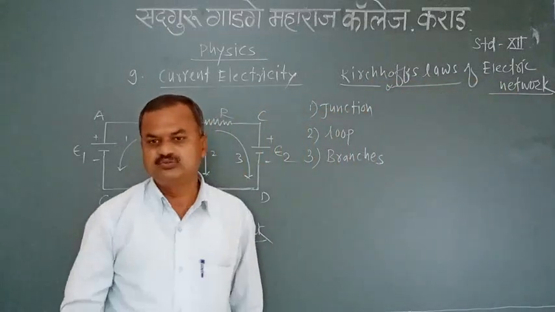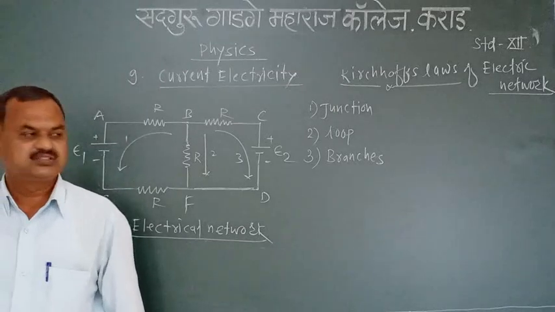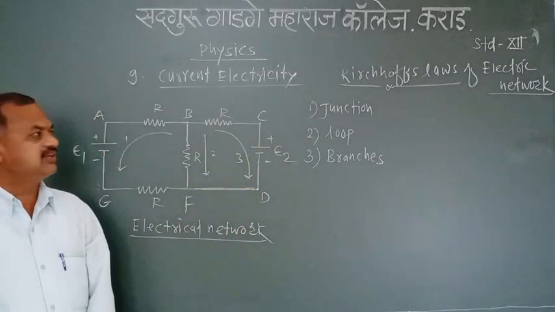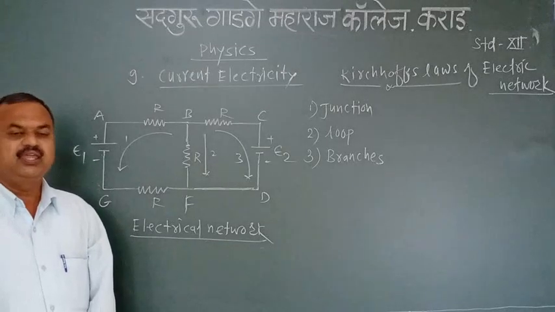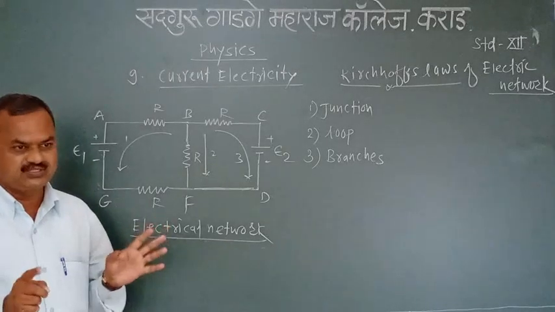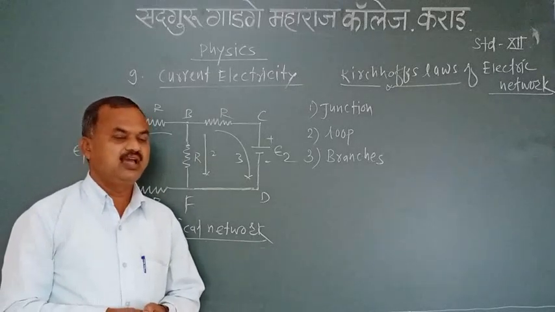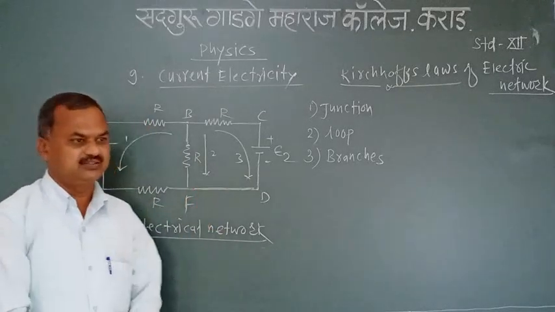Kirchhoff stated two laws for such a complicated circuit, known as an electric network, for determination of electric current flowing through any branch of that circuit as well as potential difference across any component of that circuit.